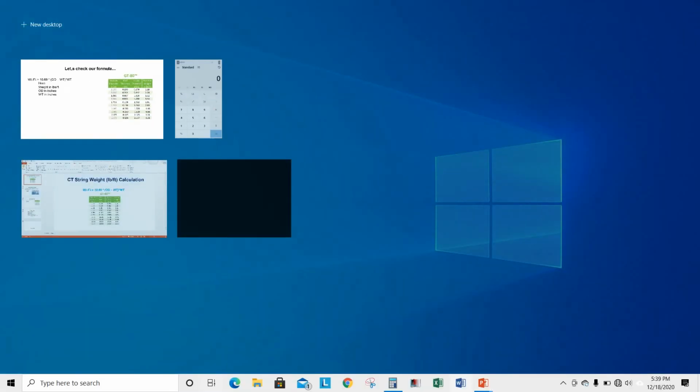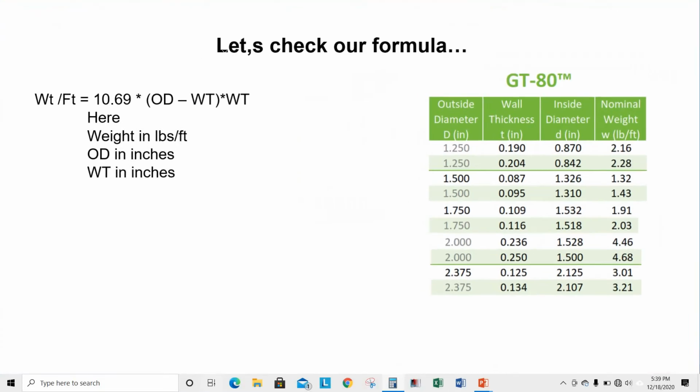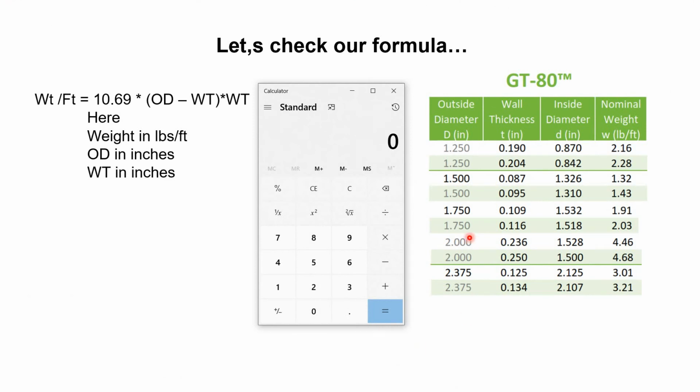So here we have a calculator. Let's check for this particular value. Let's say we are using 1.5 inch coil with a wall thickness of 0.087. Its pound per foot weight is 1.32, which is in the technical data sheet, and we are assuming that we do not have this sheet and we need to calculate the pound per foot weight. Then we will use this formula.